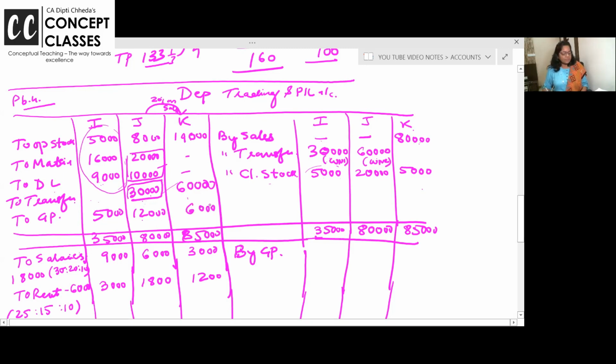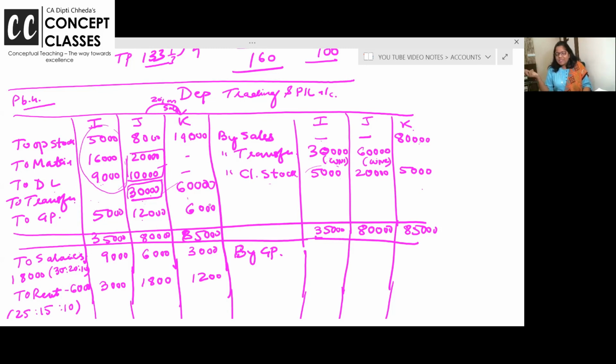GP is 6,000. For K, the GP comes automatically. I to J, agreed. We had to calculate because closing stock and transfer price were both missing. J to K, same, both were missing, but this is very easy. You do it in costing also.